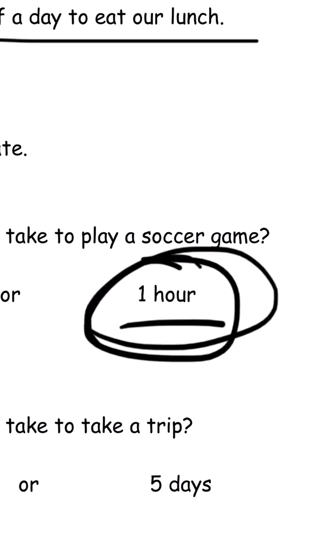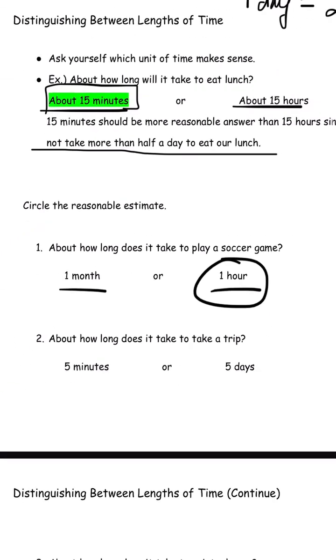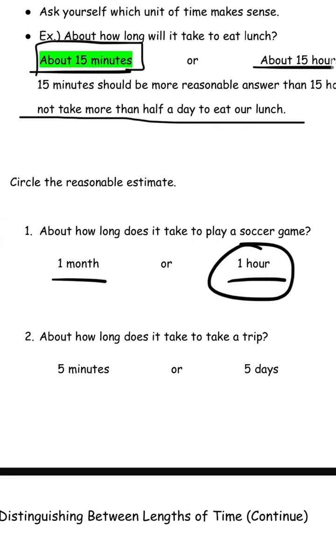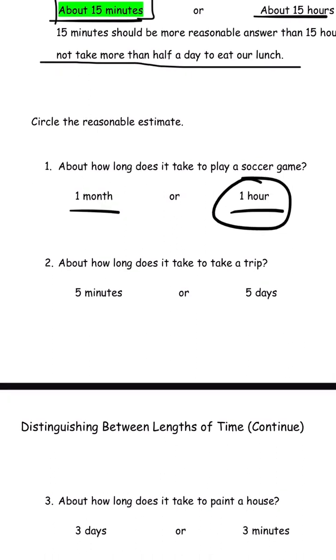It's about 1 or 2 hours for each game. When you watch a game, it wouldn't be 1 month, because 1 month is even greater than 1 week. So it should be 1 hour because 1 hour is much more reasonable, right?